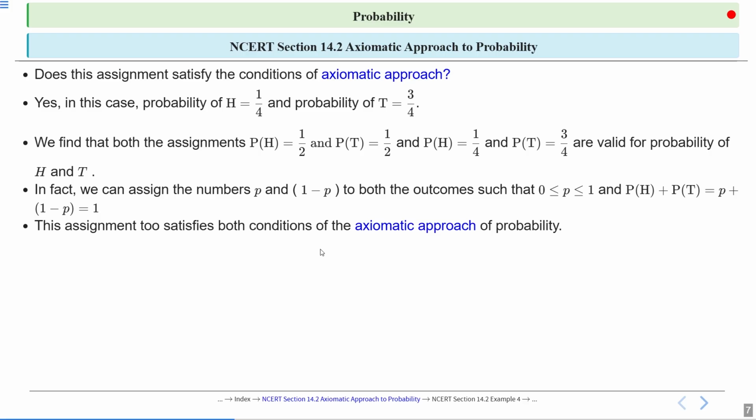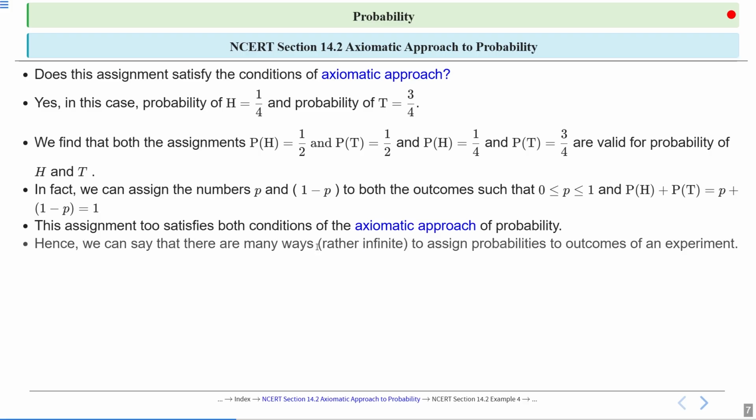So what can we say? Hence we can say that there are many ways, rather infinite ways, to assign probabilities to outcomes of an experiment. There are not only finite ways; there are infinite ways we can assign the numbers to outcomes of an experiment.